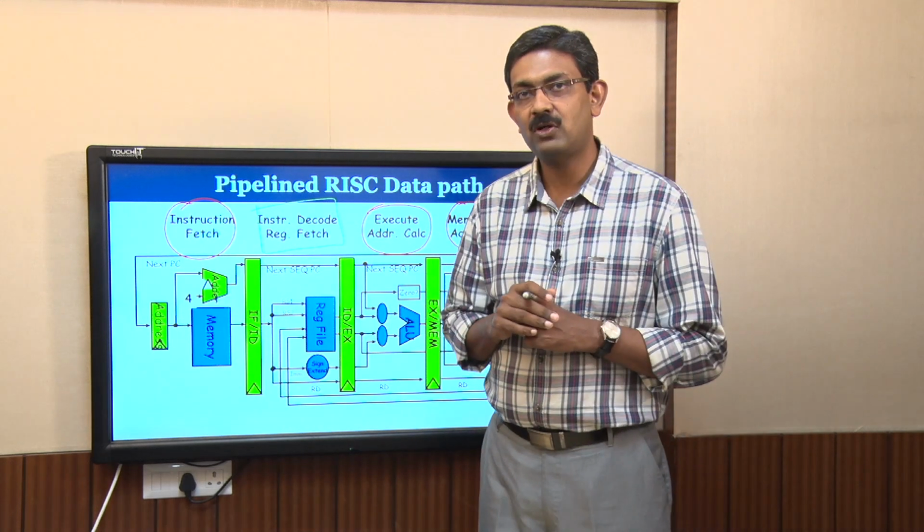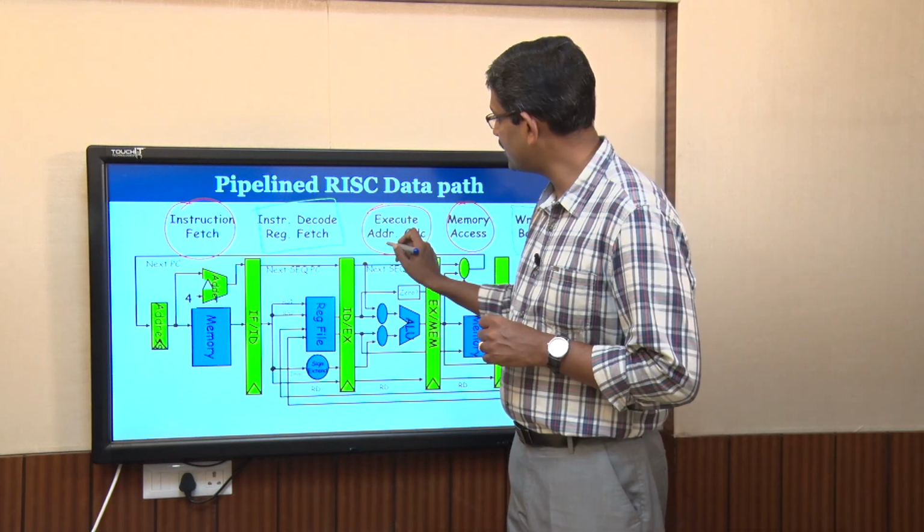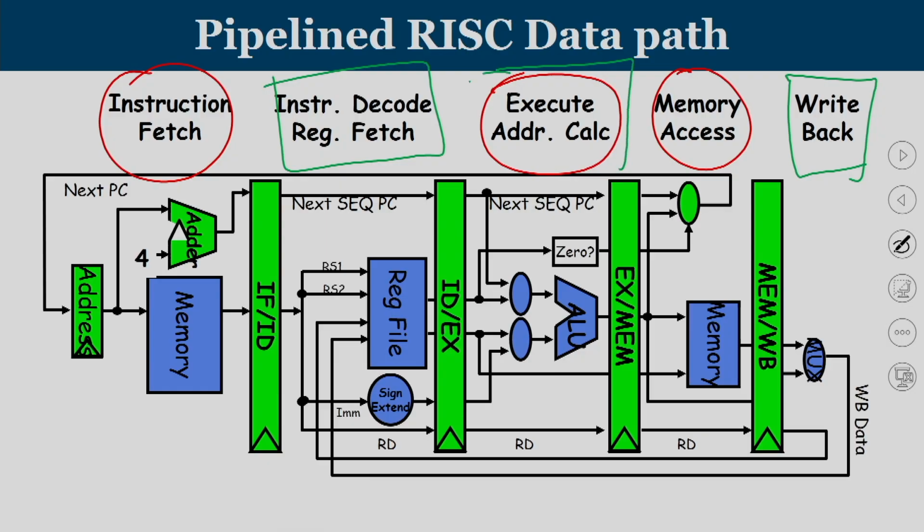Now, today we will focus on the execute portion of the instruction pipeline. Our assumption while working with this RISC pipeline was that the execute stage will take only one clock cycle. But we know that there are different types of instructions. Some will work on integer operands, some will work on floating point operands, some will work on double precision floating point numbers.